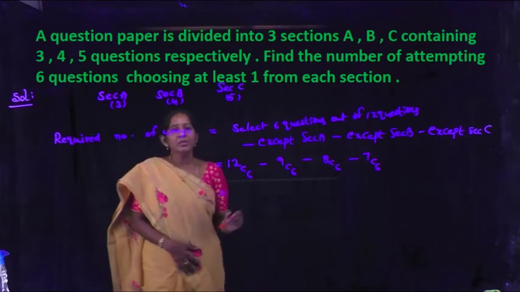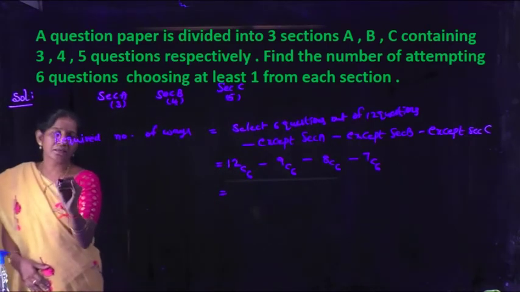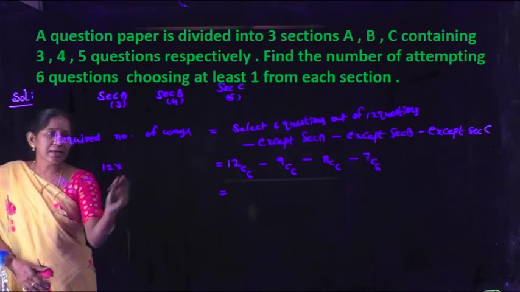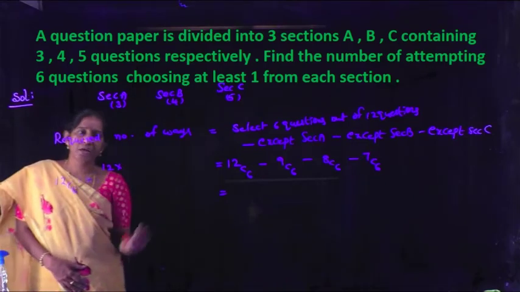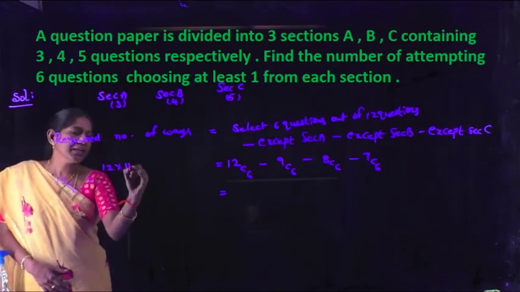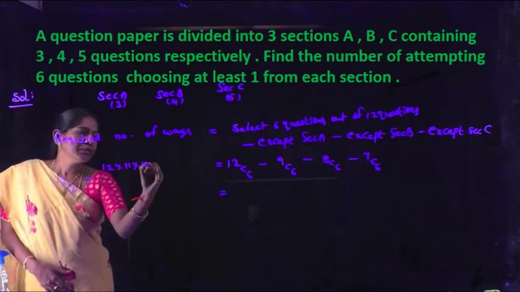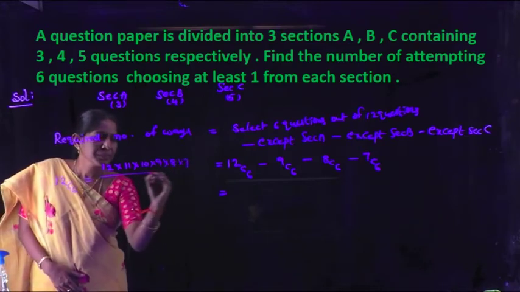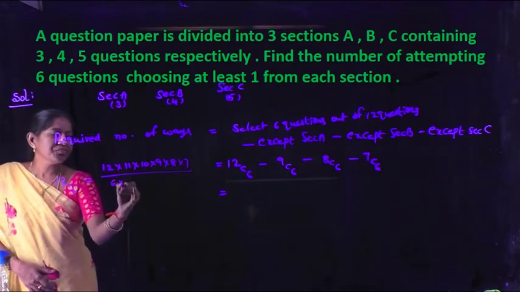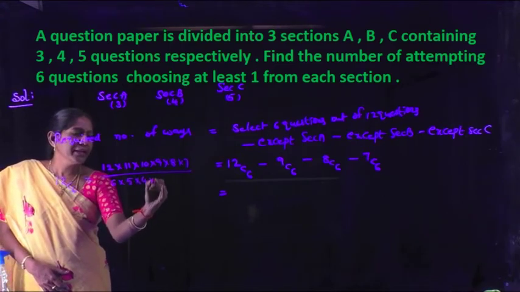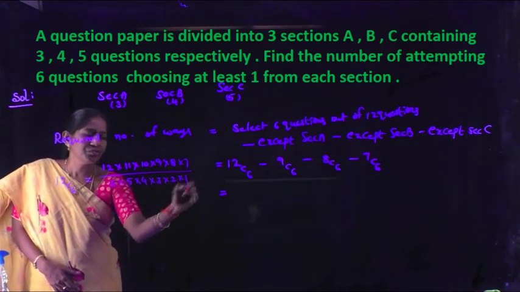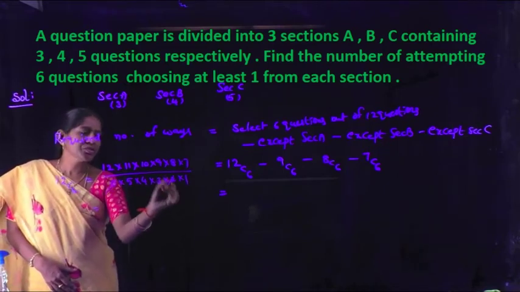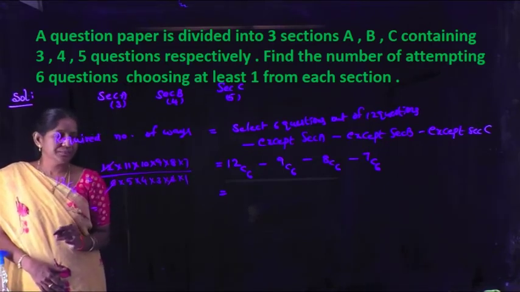Now the value of 12C6, that is from 12 write 6 factors in decreasing order, that is 12 into 11 into 10 into 9 into 8 into 7 by 6 into 5 into 4 into 3 into 2 into 1. Then by doing a cancellation, 6 into 2, 12 get cancelled.